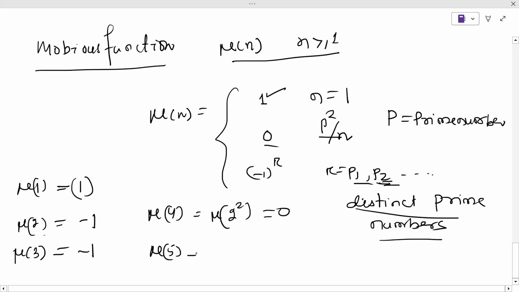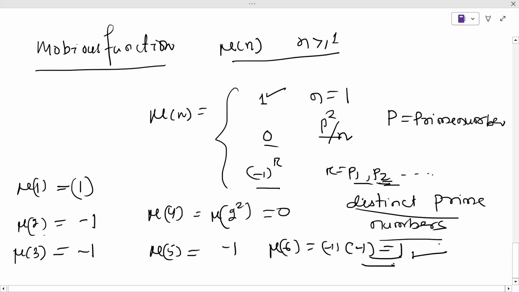Mu 5 is a distinct prime number, so minus 1. Mu 6: 2 into 3, distinct prime numbers, minus 1 into minus 1, that is 1.